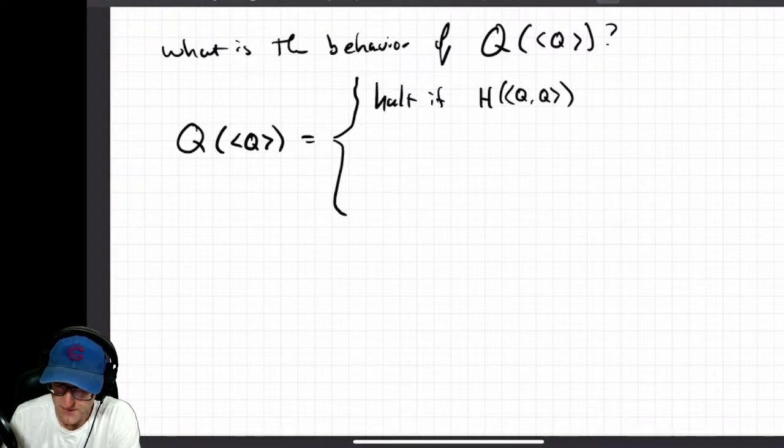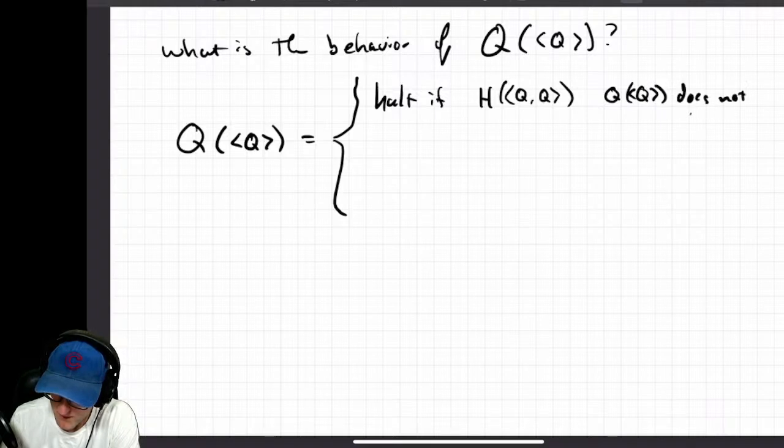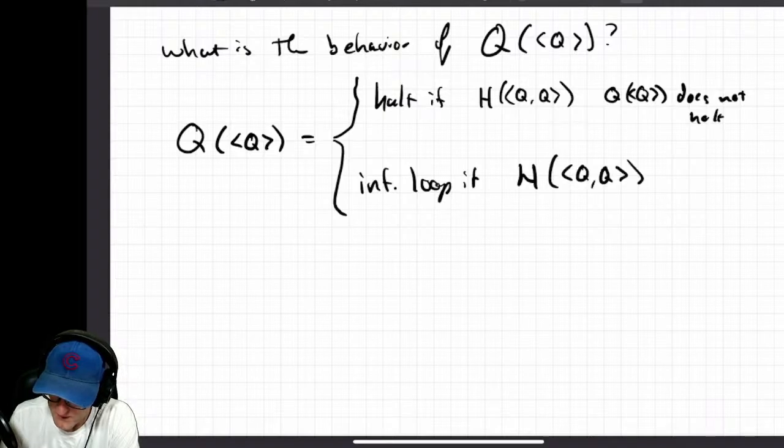And it halts if the halting problem says that Q on Q does not halt. Otherwise, it goes into an infinite loop if H on Q says it does halt.